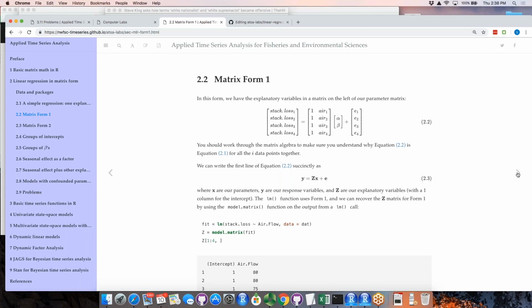In this case, you see it has 2 columns. So that's the Z matrix. And this x here is that here, and this is your column matrix here. Okay, so this is our data. And in this format, the x are our parameters, and the Z are our covariates. So the airflow and the 1 for the intercept.